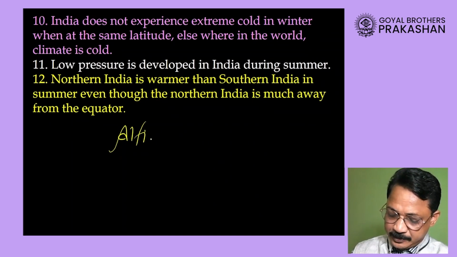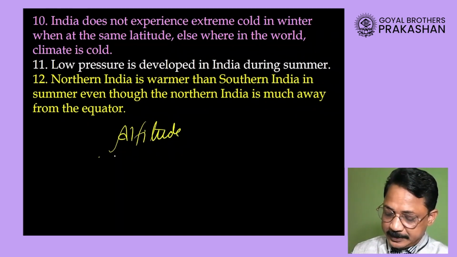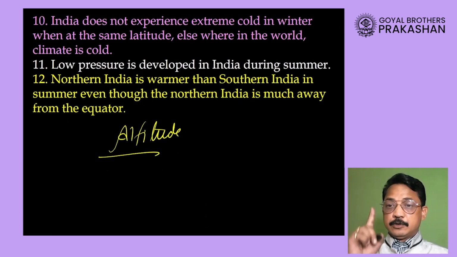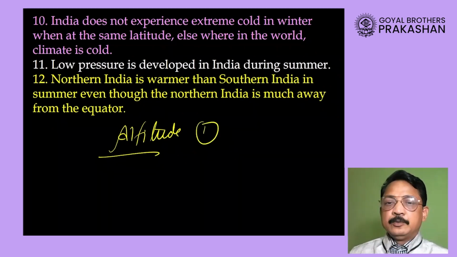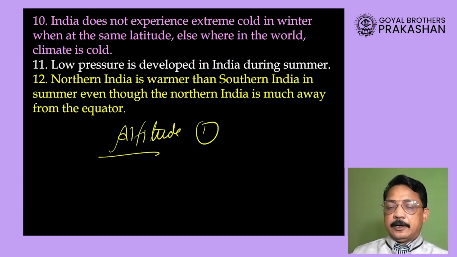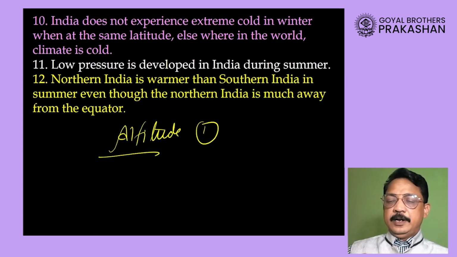The reason is altitude. Now please understand how you will write this. So point number one, you will write down that the North Indian plains are located at an altitude of 100 to 300 meter above the sea level. So they are the North Indian plains, a plain area.